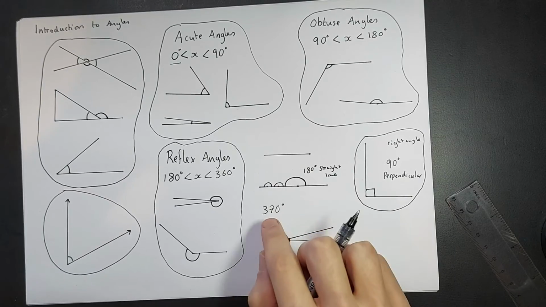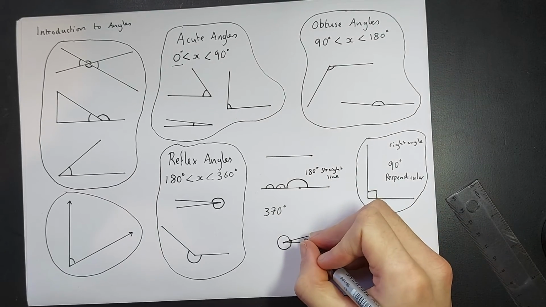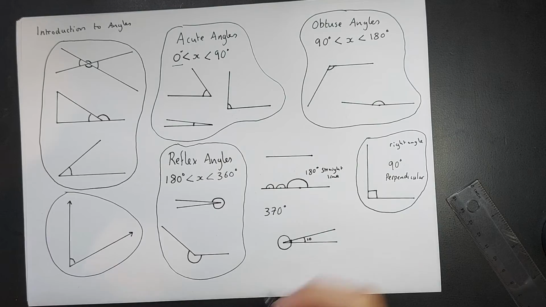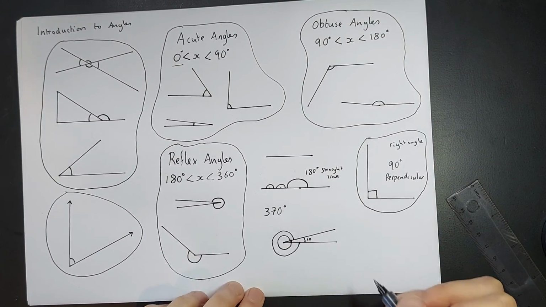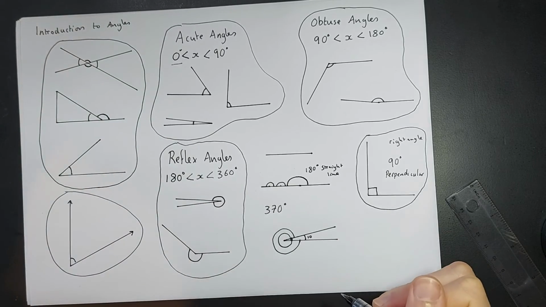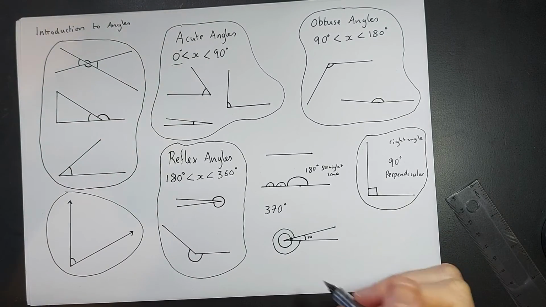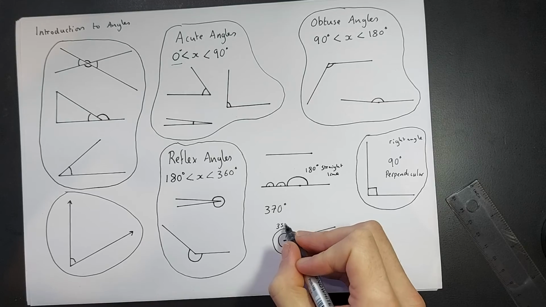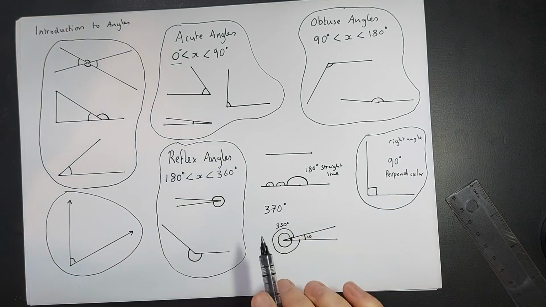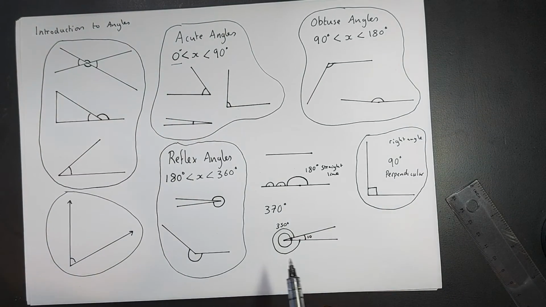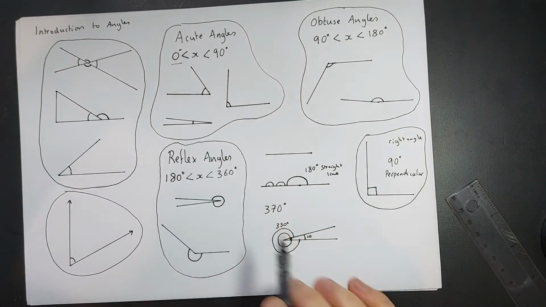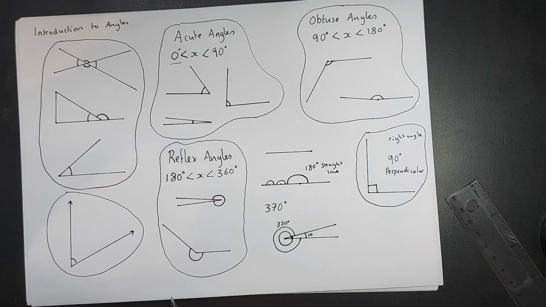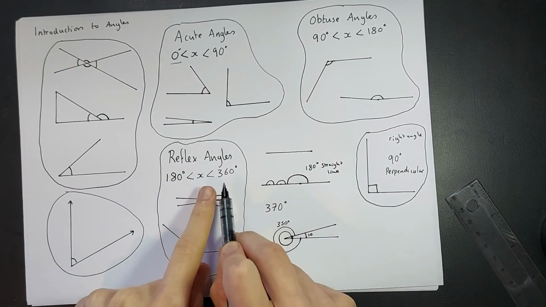But we could always write this as 10 degrees, or we could write it as its reflex angle from here to here, which would be 350. So it does exist, but it can always be expressed as other angles. You may as well use an acute angle because it would be easier to work with, or a reflex angle, which could be easier depending on what you're trying to work out. This holds up for 360 as well.